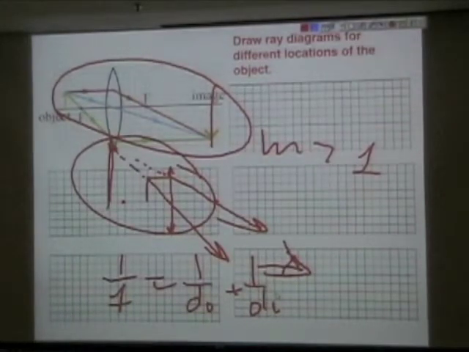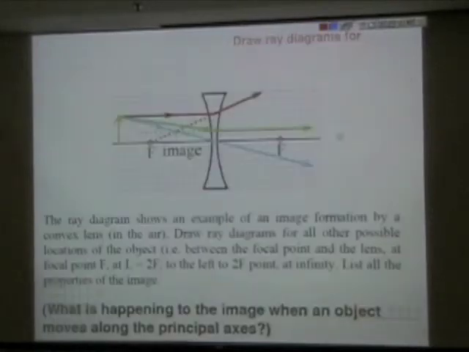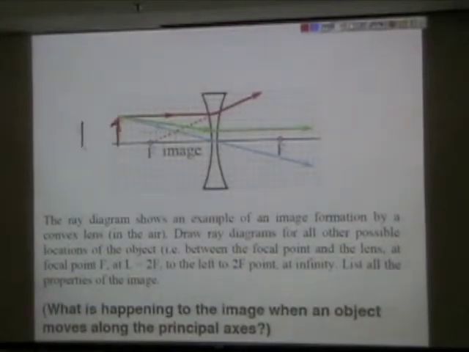Well, of course, we don't need to talk about a divergent lens for this. A divergent lens is much simpler, because for a divergent lens, if you move the object, what is happening? Nothing much.